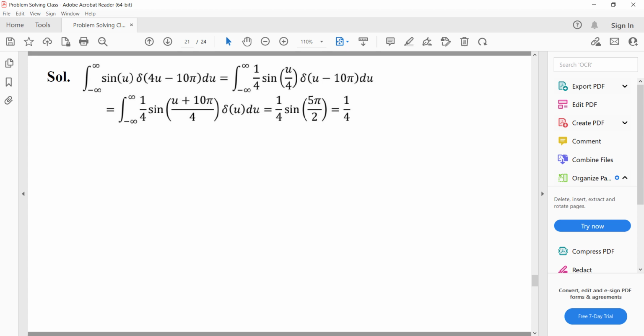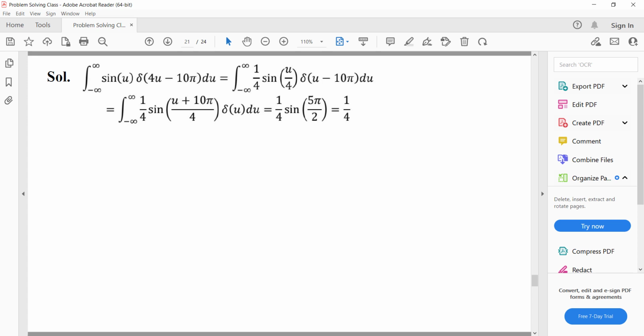This is known as the scaling property of the delta function. Once you use this scaling property, you will take this 4 as 1 by 4 into delta of u minus 10 pi by 4. That's how you can substitute.